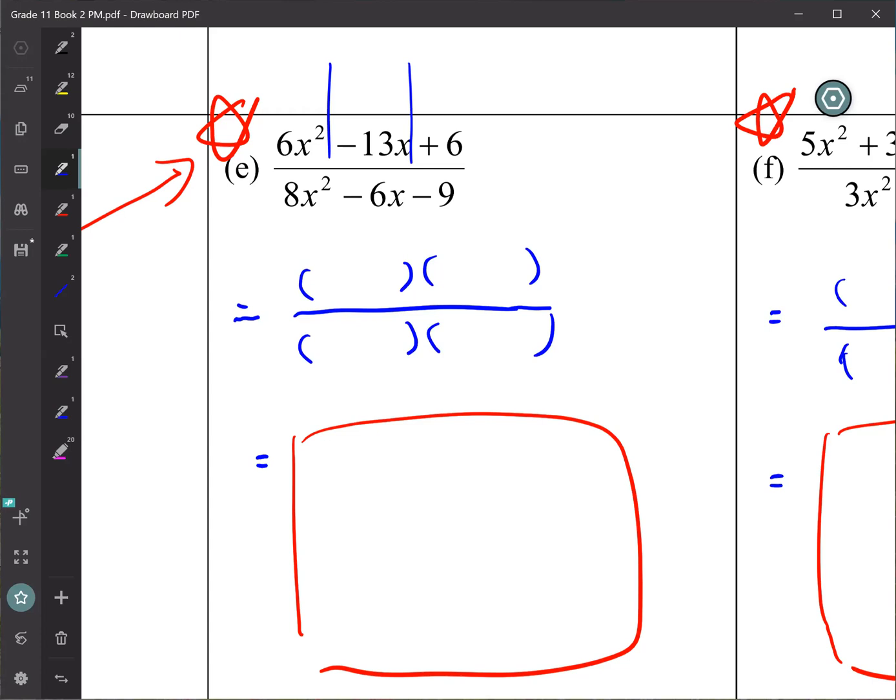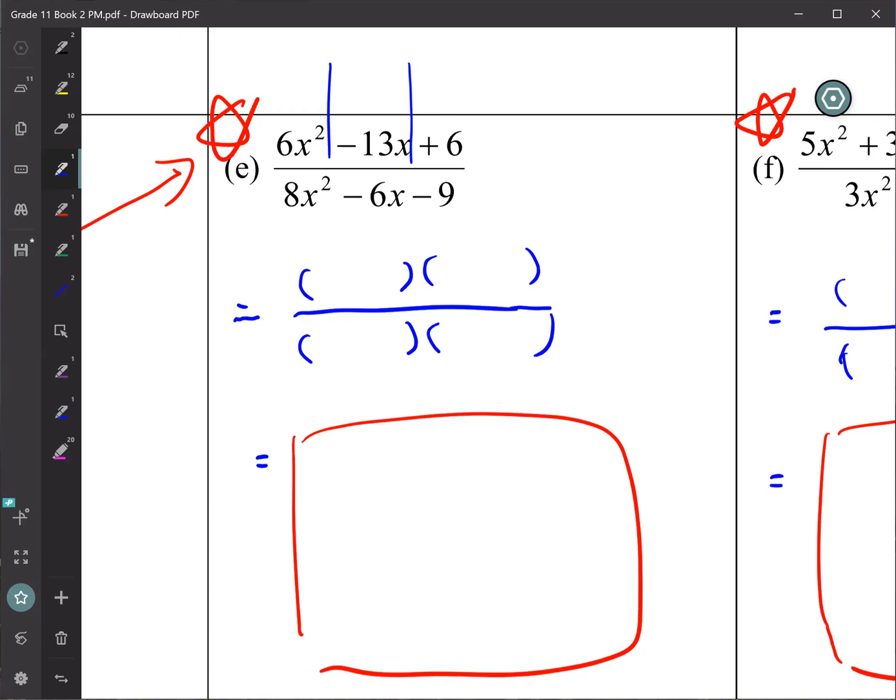I have to take out the GCF. What's the GCF? Is there a GCF? No. Then you move on to the next method, right? There's no GCF, so what should we do? Cross factor. Okay, can you do cross factor now? Do you know how to do that?